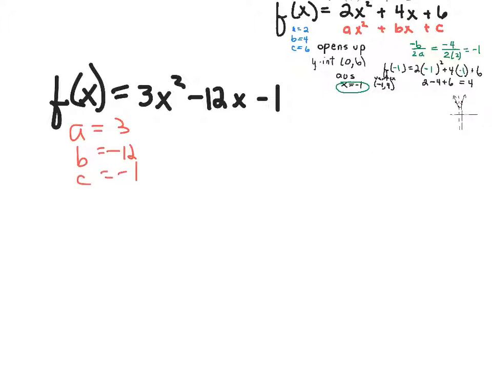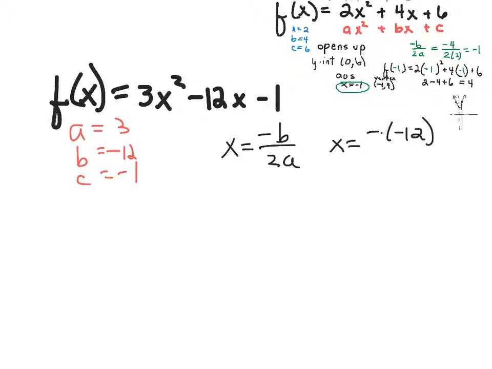Okay, so we have to recall that the axis of symmetry equation is negative b divided by 2a. So with that, our b we said was negative 12. So our axis of symmetry says x equals, and we're going to take the negative of our b. Well, our b is negative 12. So this first negative does not take the place of the negative in b.